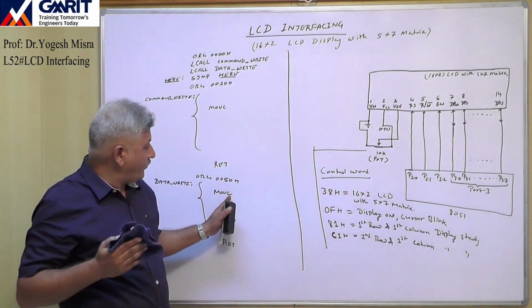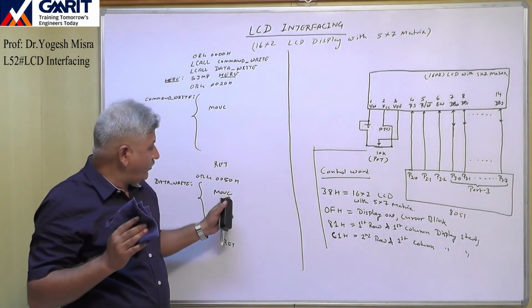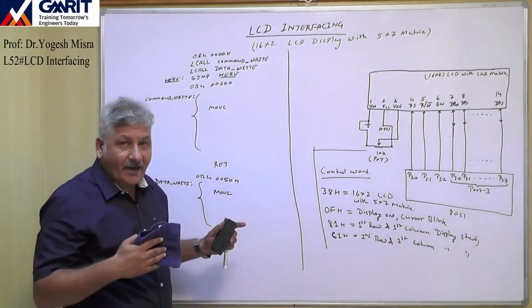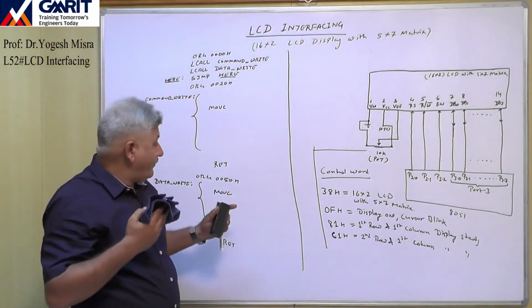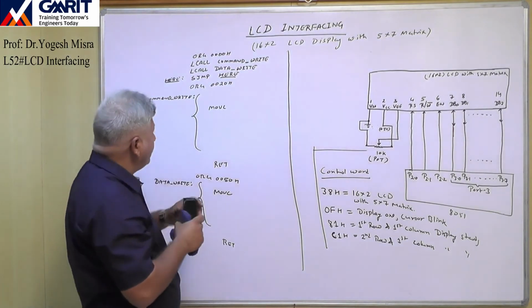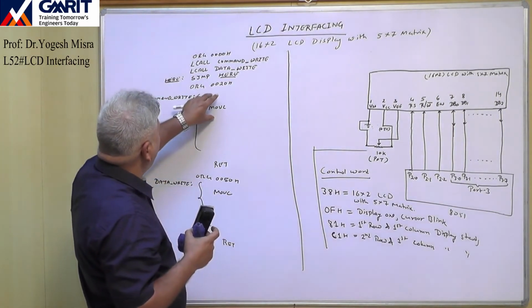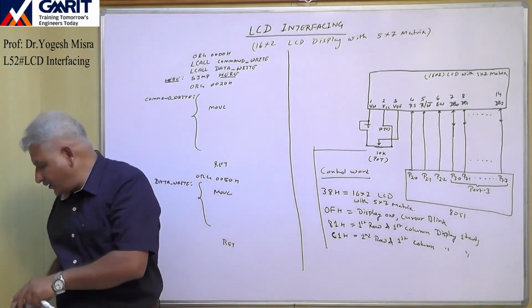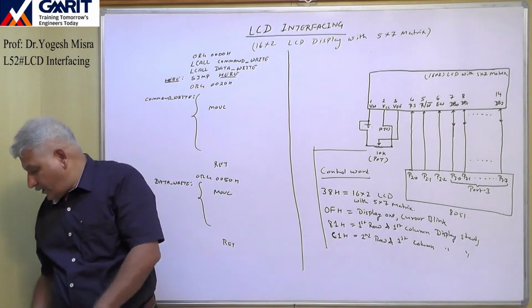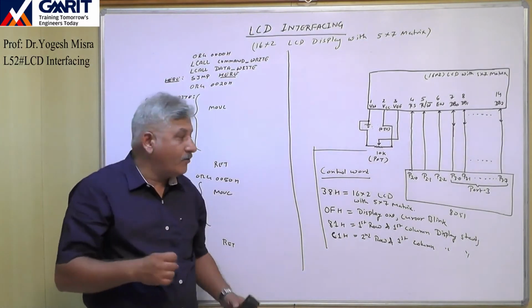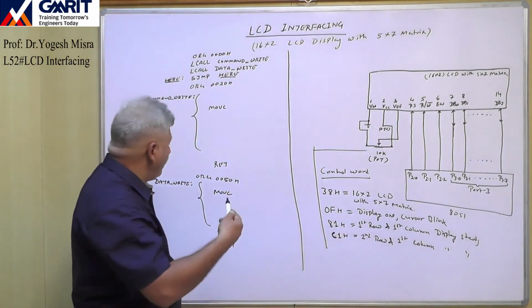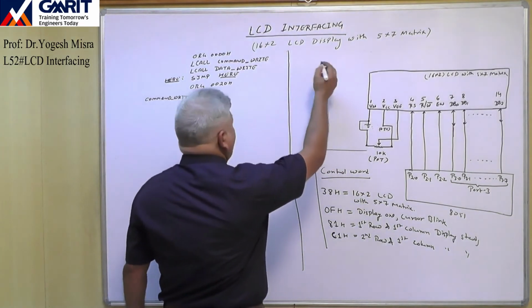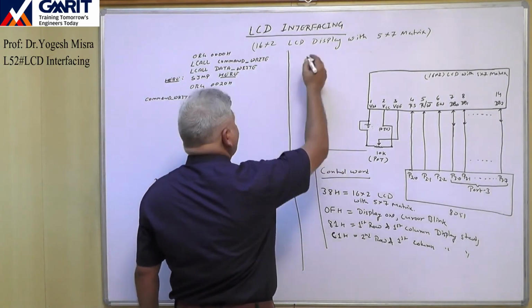C indicates code memory. Something is there in the code memory that we will extract, and those will be stored in the command register as well as the data register. So our command words and our data words are stored in code memory. So we will load those command words and data words also.